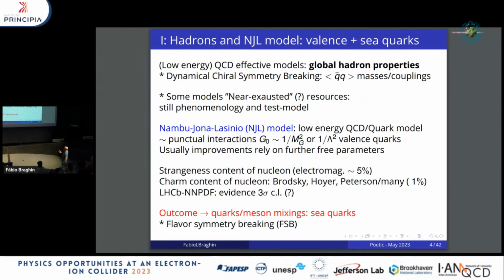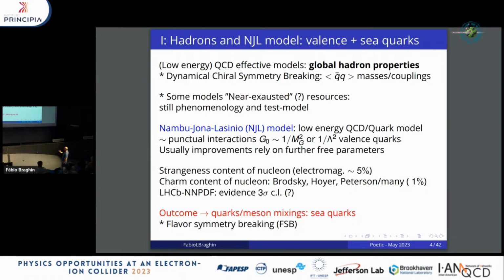This slide is just to give some motivation. This is very well known. Low energy QCD effective models are very good for global hadron properties. They usually take into account dynamical chiral symmetry breaking by means of the quark-antiquark condensate.